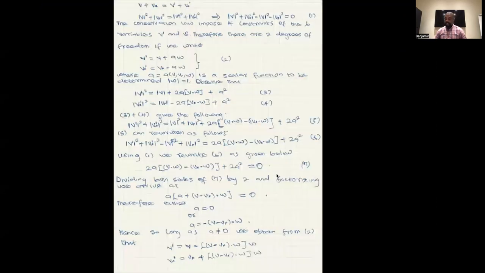To see this, recall the formulas for the post-collision velocities. V prime is equal to V minus (V minus V star dot omega) times omega. Call this equation 1. V star prime is equal to V star plus (V minus V star dot omega) times omega. Call this equation 2.